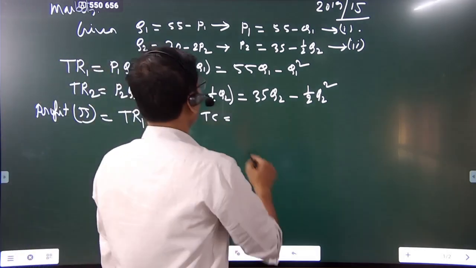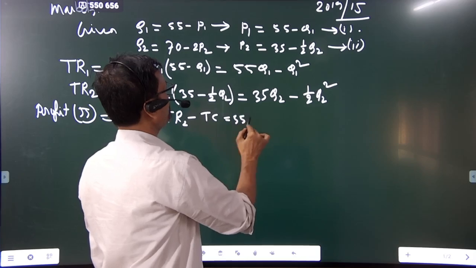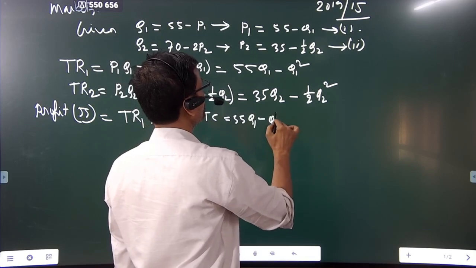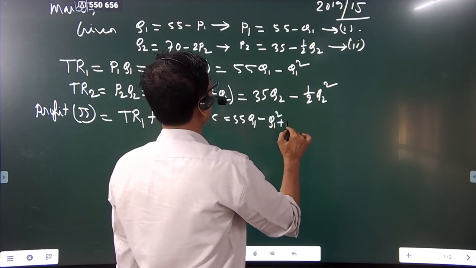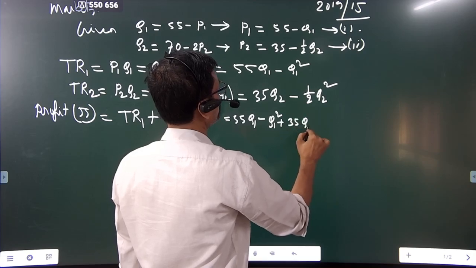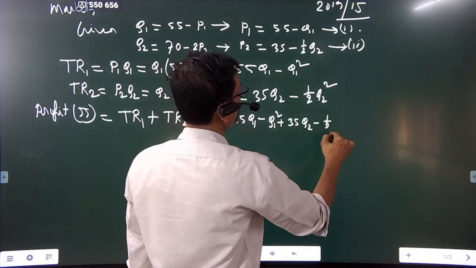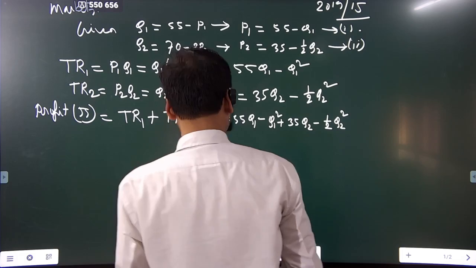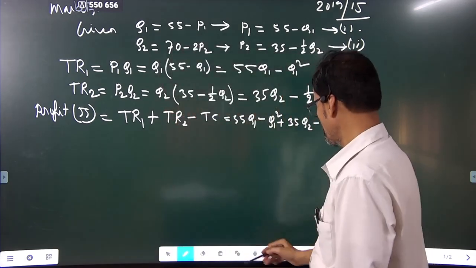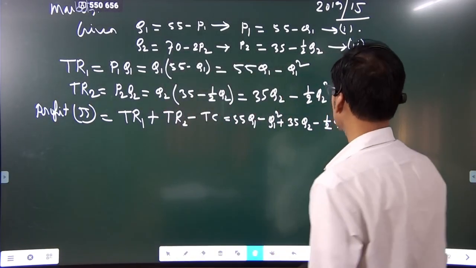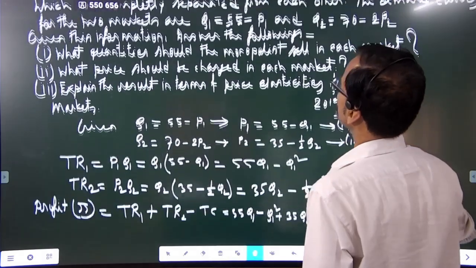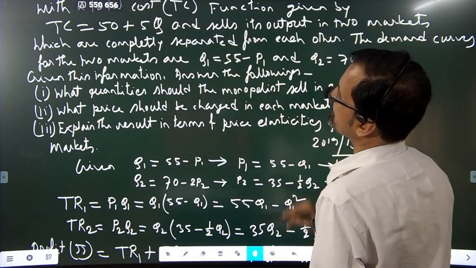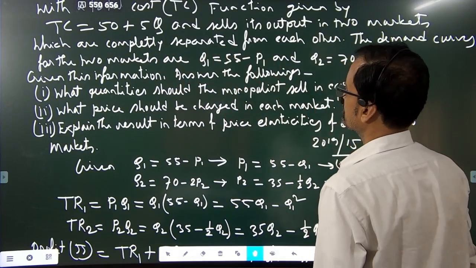Total revenue is 55 Q1 minus Q1 square plus 35 Q2 minus half of Q2 square, and the cost function is given as 50 plus 5Q.